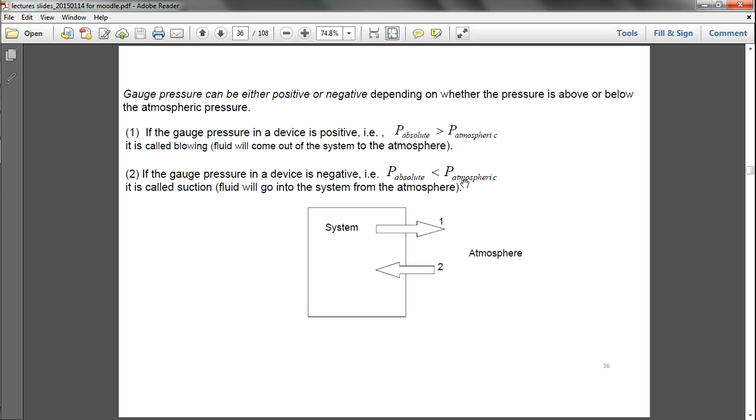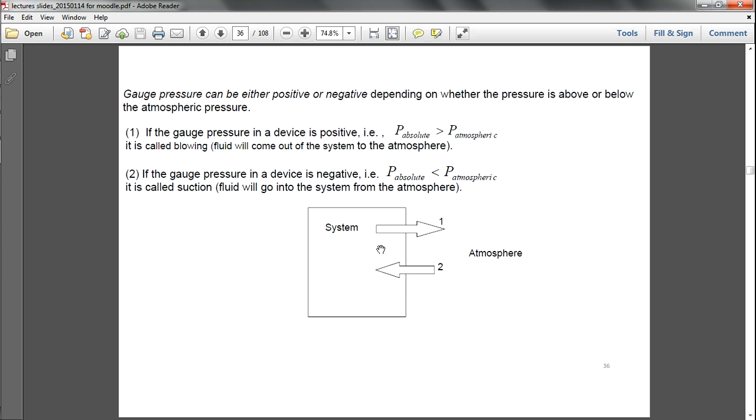So when the aircraft's door is opened, there is suction. Anyway, I don't want to complicate things. So atmospheric larger than absolute is suction, and absolute larger than atmospheric is blowing.